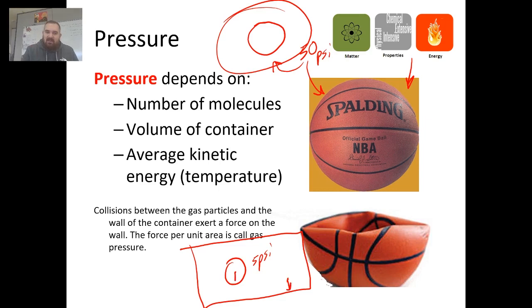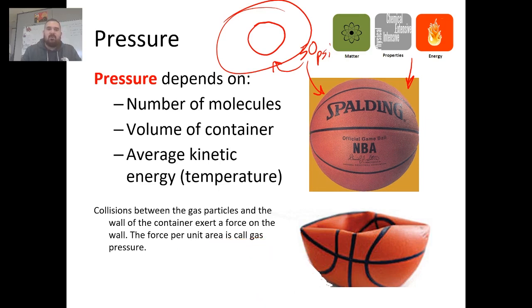They're bouncing inside the walls of the basketball. And those collisions, are they elastic or inelastic? They're elastic, which means the particles are not transferring any energy to the ball itself, which is not being transferred into the box. So the box does not have pressure. Only molecules hitting the walls of the box will produce pressure.